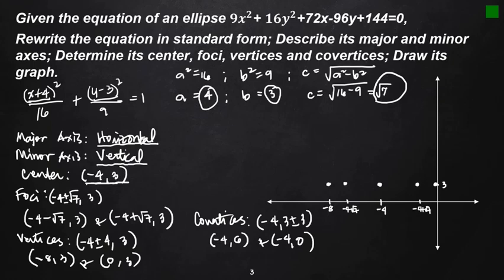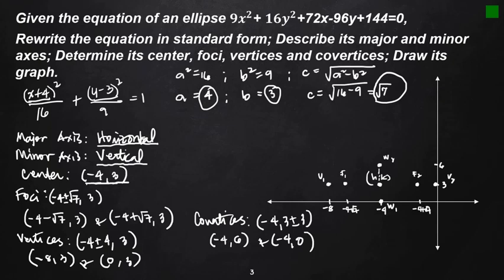Let's proceed with the covertices. The covertices would be at -4, 6, so let this be 6 here. This is where our W sub 2 is located. And -4, 0, this is where our W sub 1 is located. So this is F sub 1, this is F sub 2, this is our center (h, k), this is our W sub 1 and W sub 2, and our vertex 1 and vertex 2.